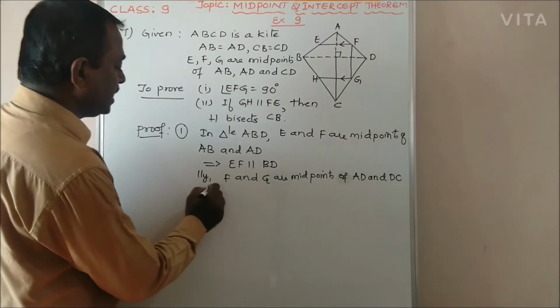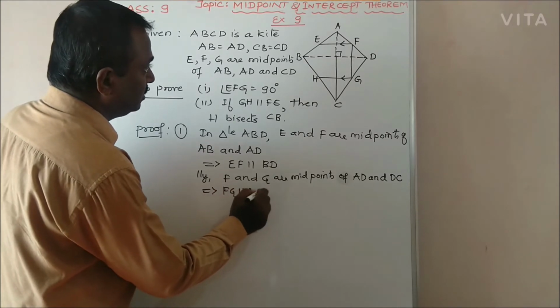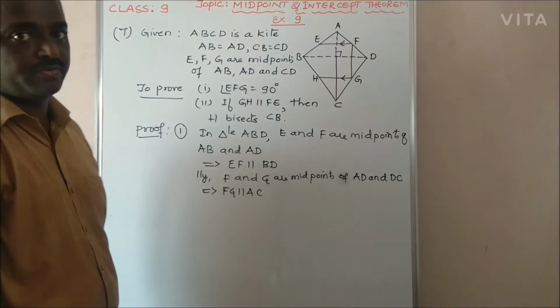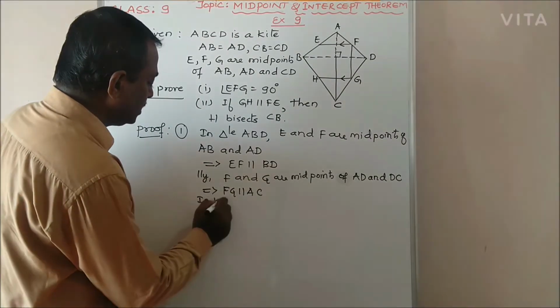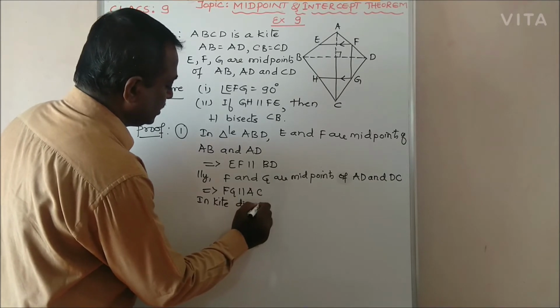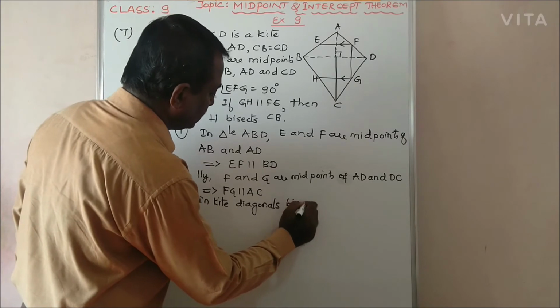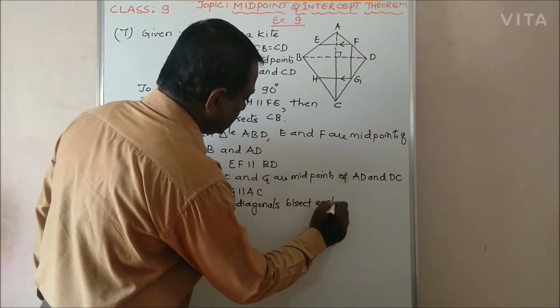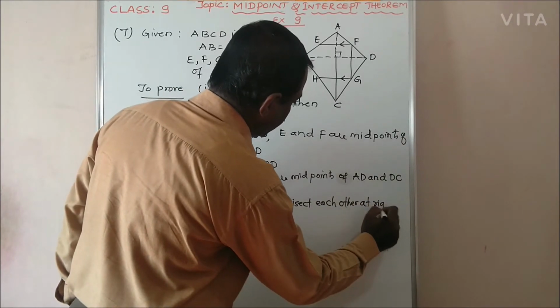So this implies FG is parallel to AC. In a kite, diagonals bisect each other at right angles.